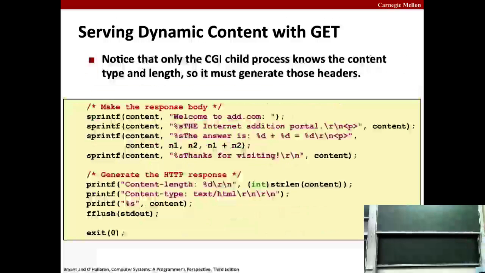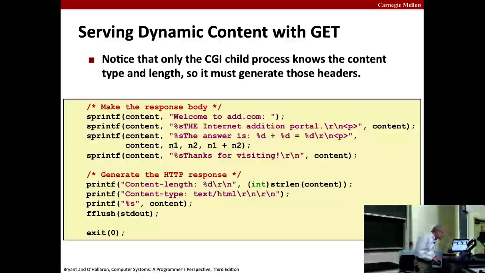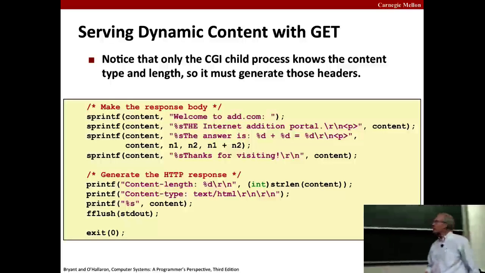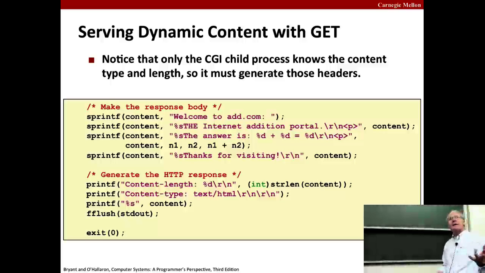Okay, so now we're almost done. So now this is what the actual program, the adder program, does, the CGI program, the one that's been forked off and execed. So it creates then the HTML that you want to send back.